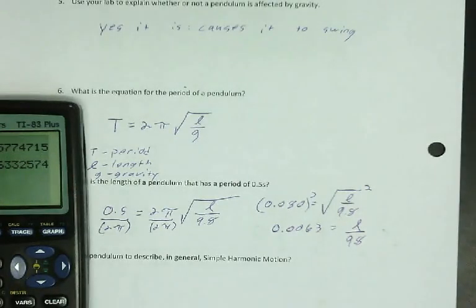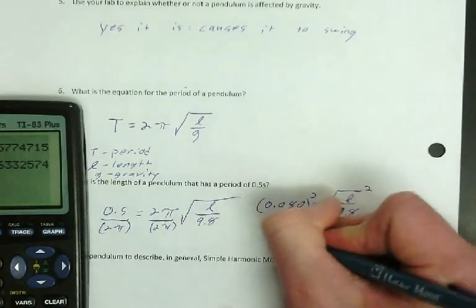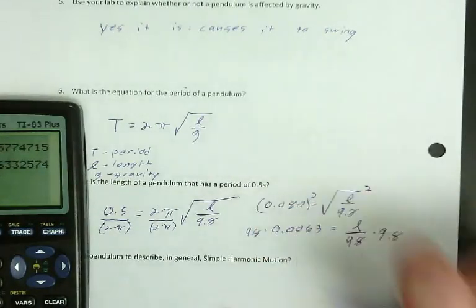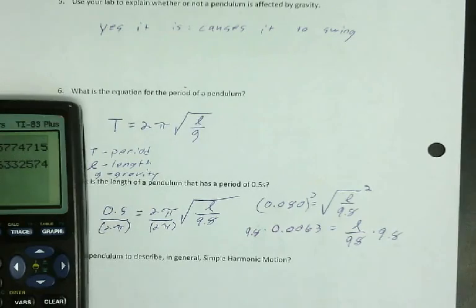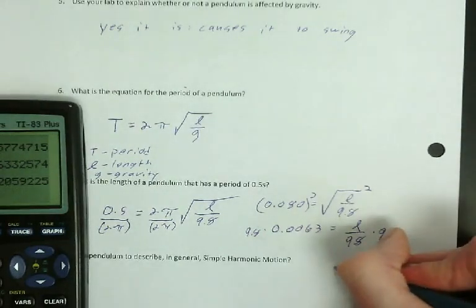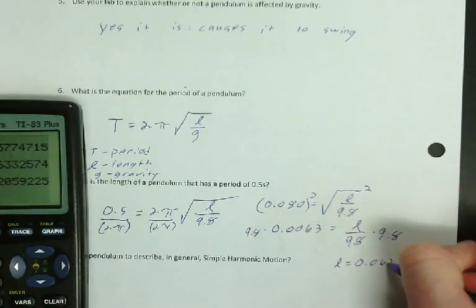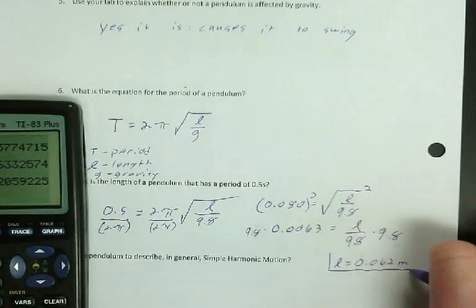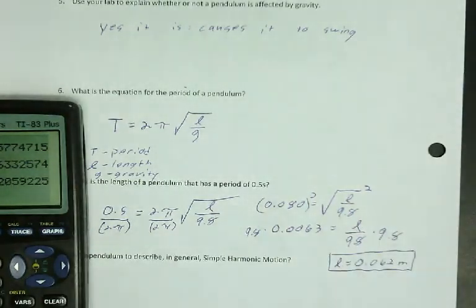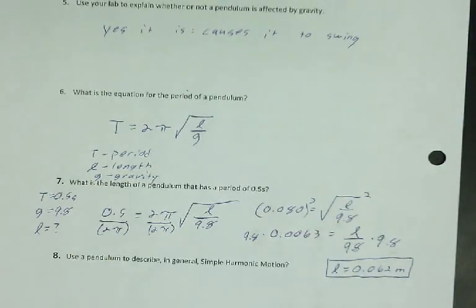Now it's an easy algebra expression. You just multiply both sides by 9.8, and you get the length to be 0.062 meters. That'd be 6.2 centimeters. Okay, pretty straightforward.